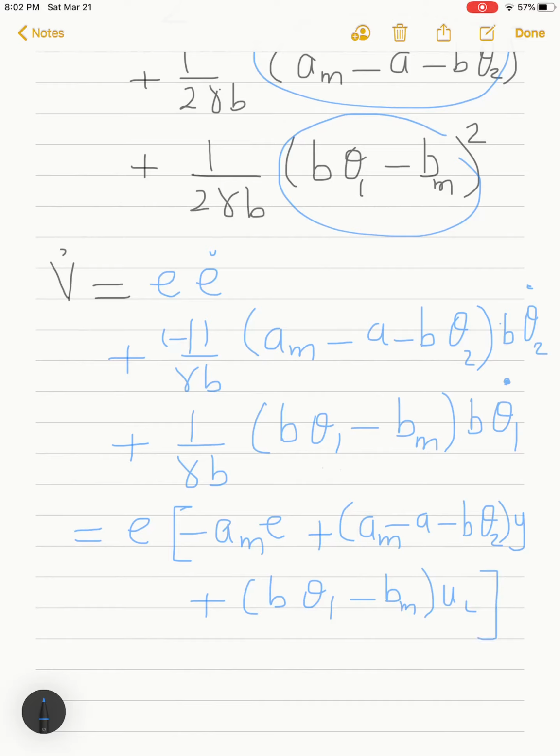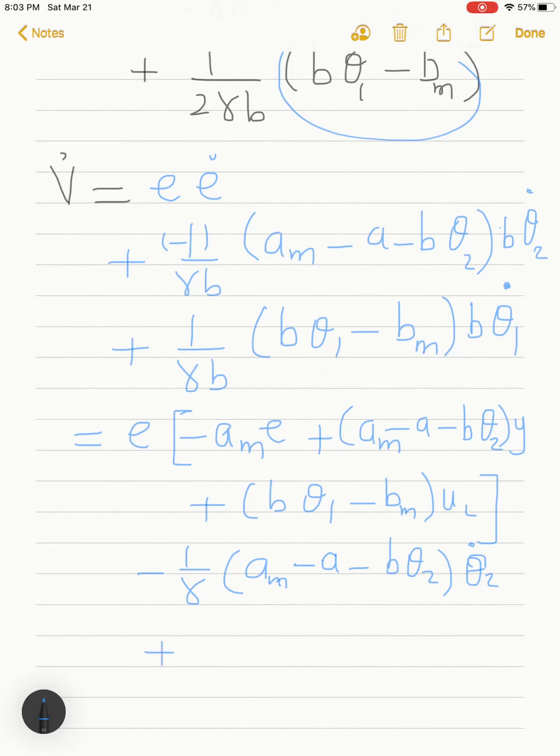This is the substitution for e dot, and then minus 1 over gamma times am minus a minus b theta 2 times theta 2 dot, plus 1 over gamma times b theta 1 minus bm times theta 1 dot.